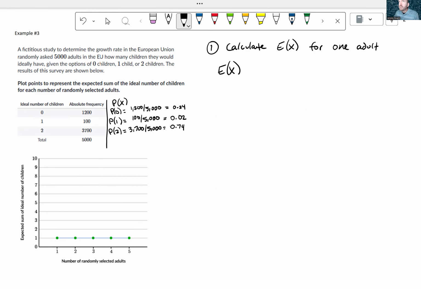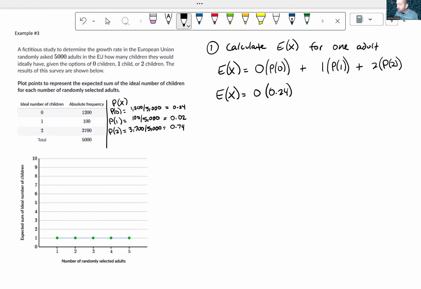Okay, so the expected value is equal to x times the probability of x. So probability of 0 kids plus, we're going to do the same thing for each of these, x times the probability of x plus x times the probability of x. And now we're just going to fill in what these numbers are.